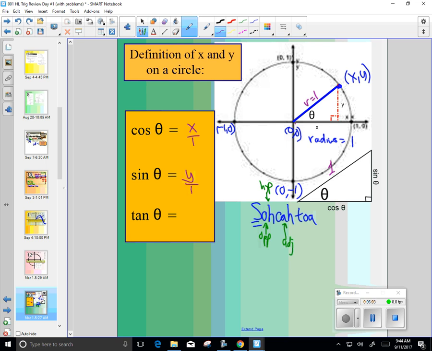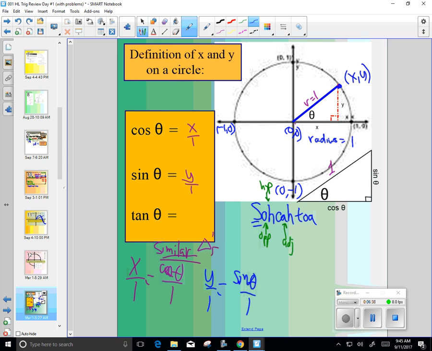Let's try it a different way. Let's say we have these two triangles, they're similar triangles. That means we can say that x over 1 is equal to what over 1 in this triangle? x over 1 is equal to cosine theta over 1, and y over 1 is equal to sine theta over 1.